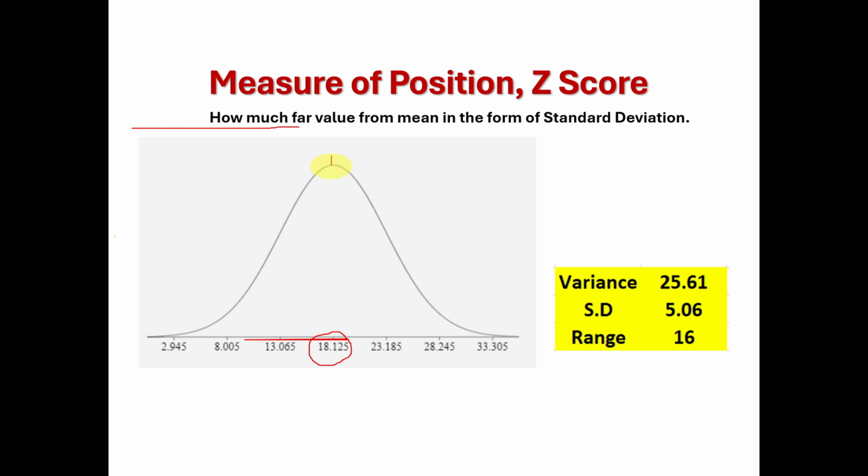So how far the value is, in the form of standard deviation. It's not in the form of the mean or in the form of degrees or anything, it is in the form of standard deviation. How far the value is, this is what z-score tells us.